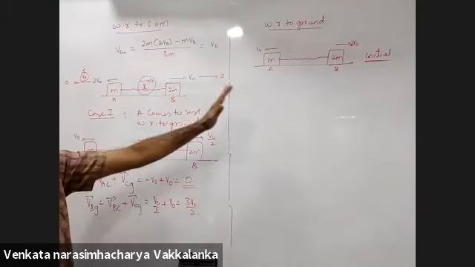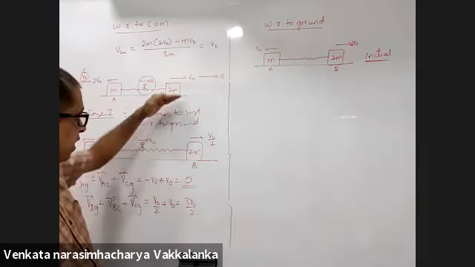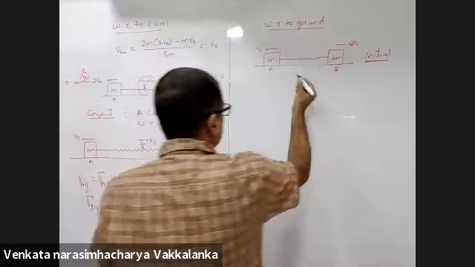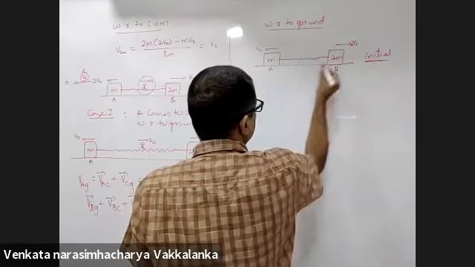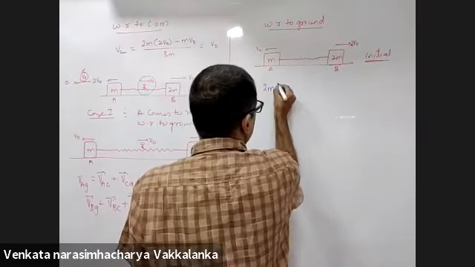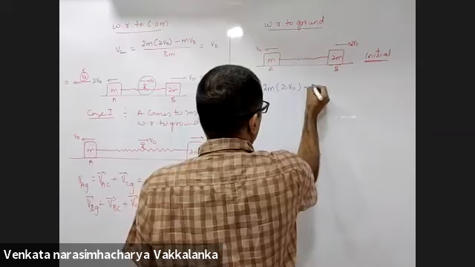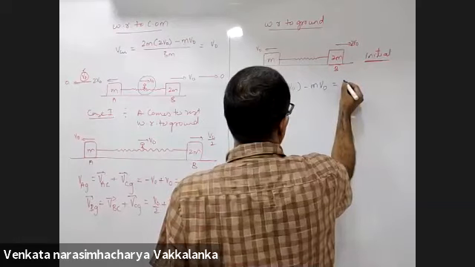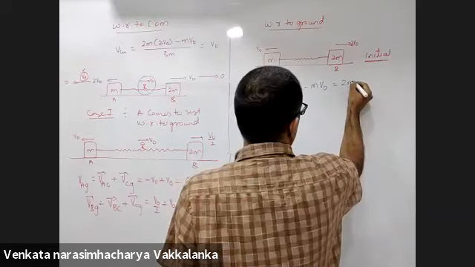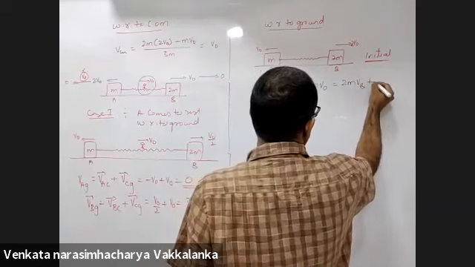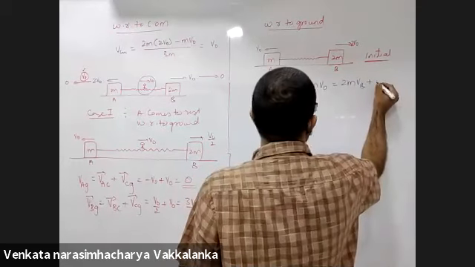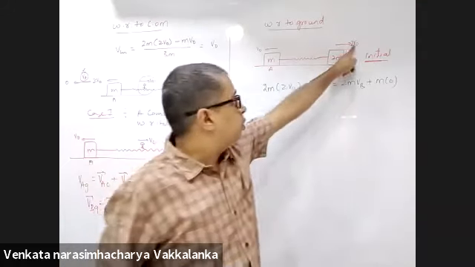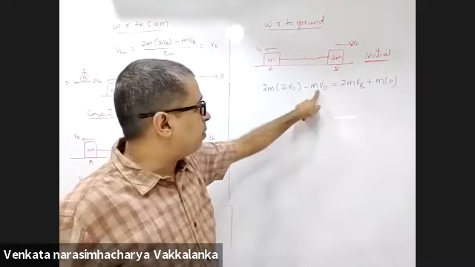If I were to solve this with respect to ground directly without using the concept of center of mass, what will I do? Conservation of momentum will be my first equation. Initial momentum is 2m into 2v naught minus m into v naught.